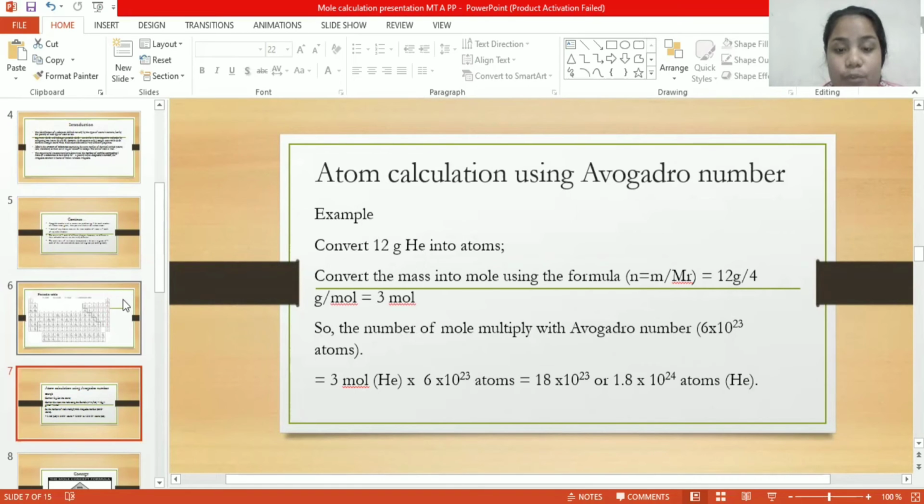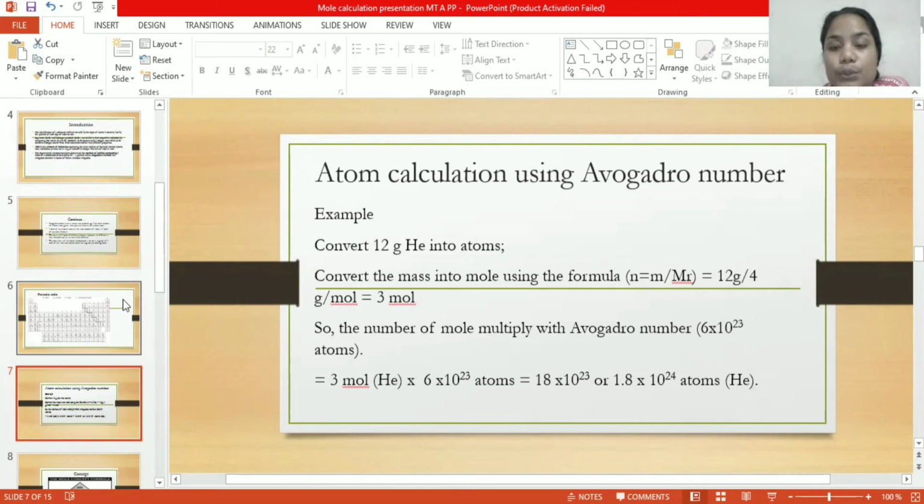So the number of mole is multiplied with Avogadro number, which is the constant 6 times 10 to the power of 23. If you multiply those values, you get the number of helium atoms, which is 18 times 10 to the power of 23. But you have to ensure your answer is in scientific notation form.